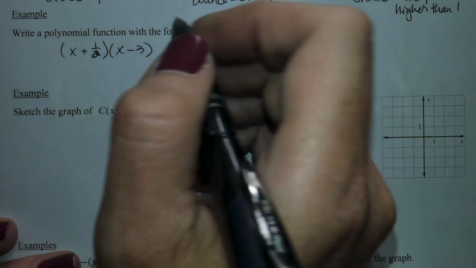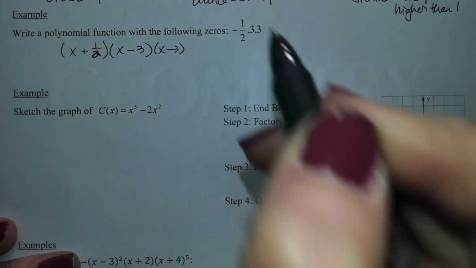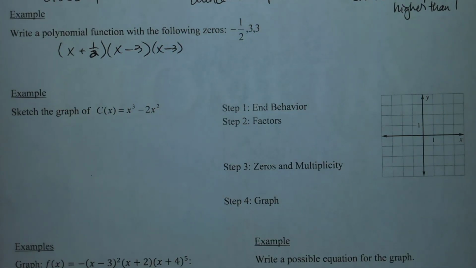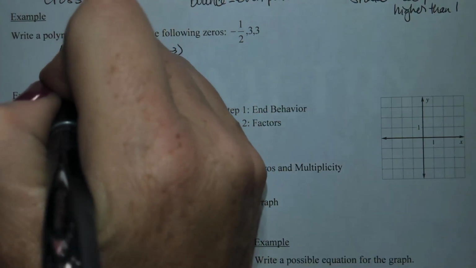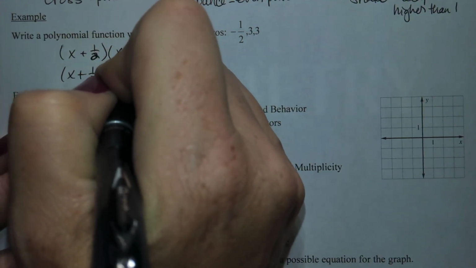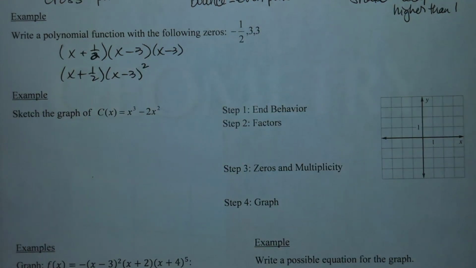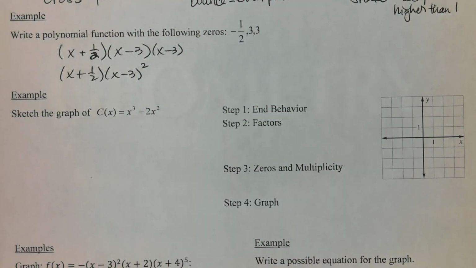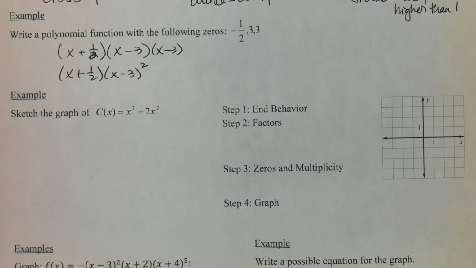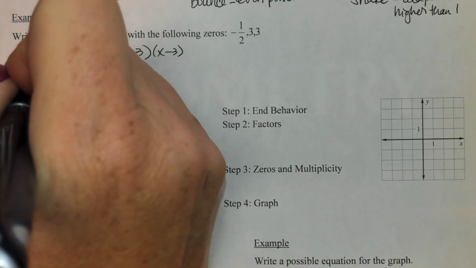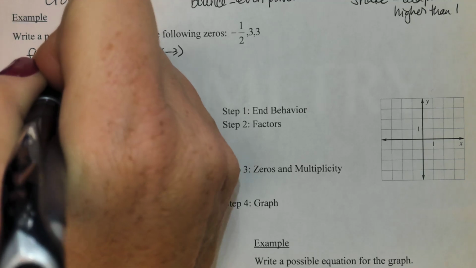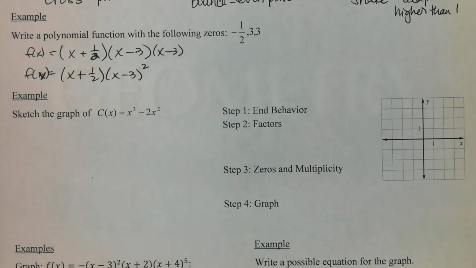If that's a 0, then I could write this again as the factor, or I could write x minus 3 twice. Sorry, my light just shut off. There we go. So either of these will do. I'll just throw an equal sign in front and then an f of x just to keep us mathematically sound.